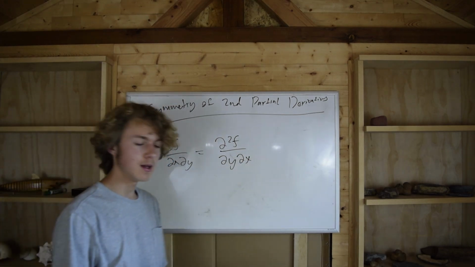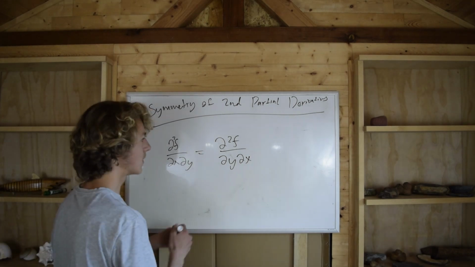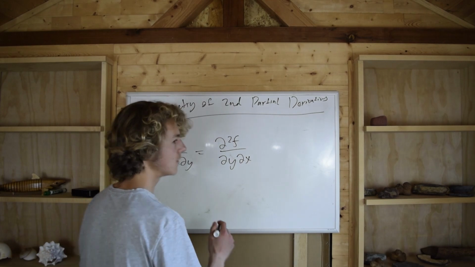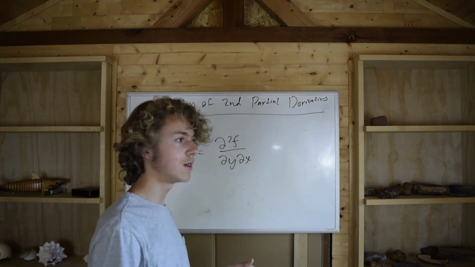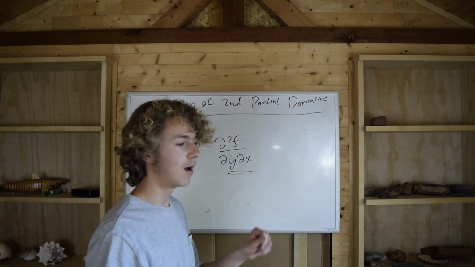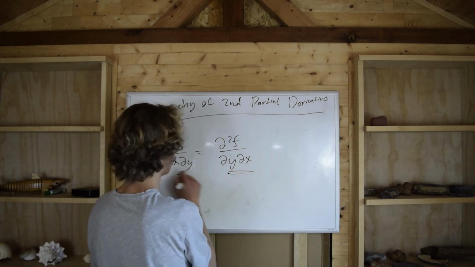This is very, very important because it shows these balances and connections between our partial derivatives. And if we visualize this, we can see it makes sense because we're essentially isolating a point and finding the concavity in the x and y, and it's the same thing if we do both.